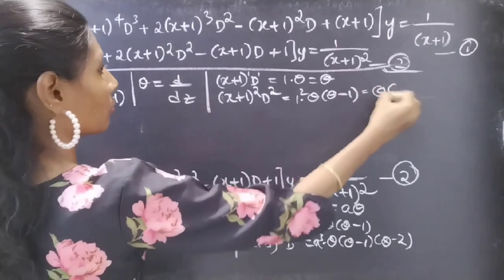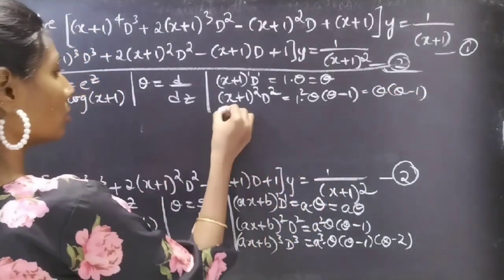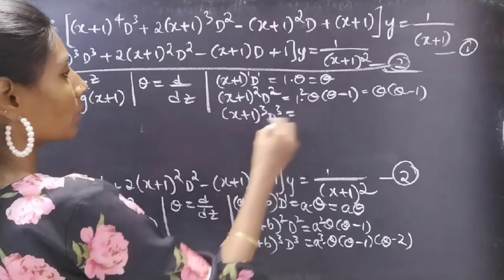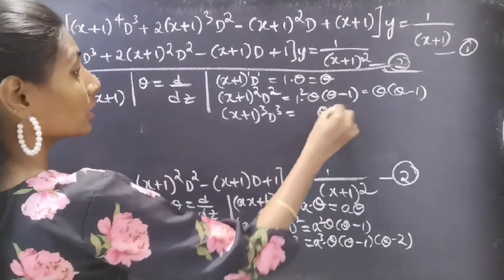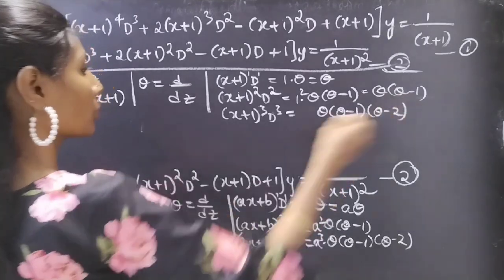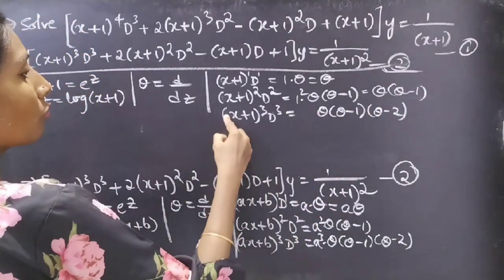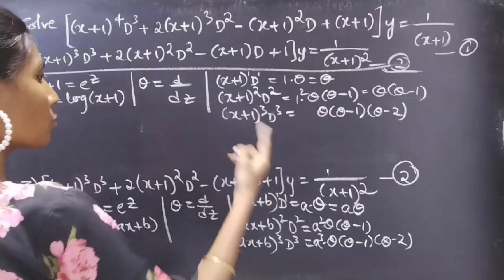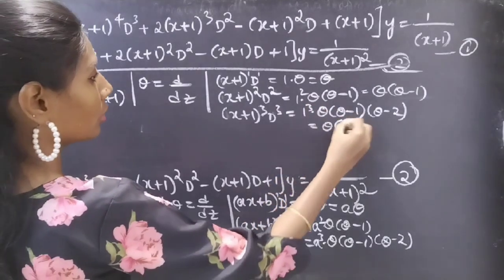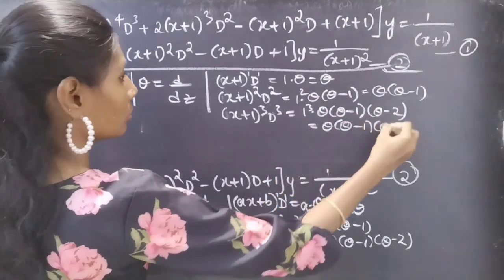This gives us theta(theta-1). Likewise, (x+1)^3 D^3 can be replaced by three terms of theta, theta(theta-1)(theta-2), times the coefficient of x cubed, which is 1.